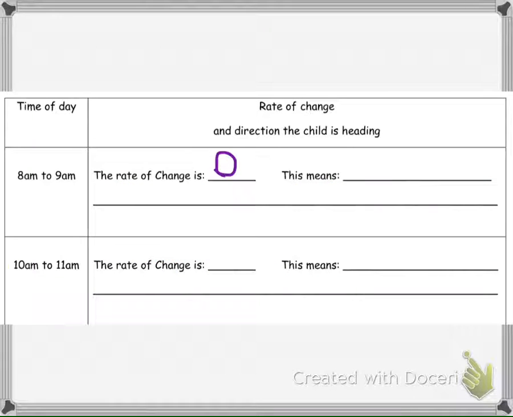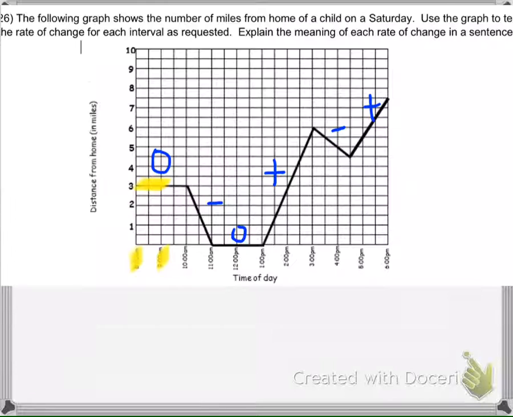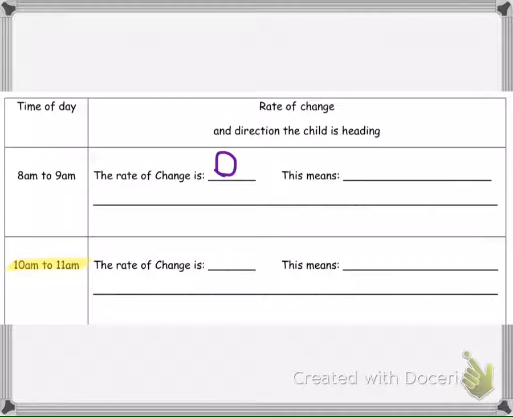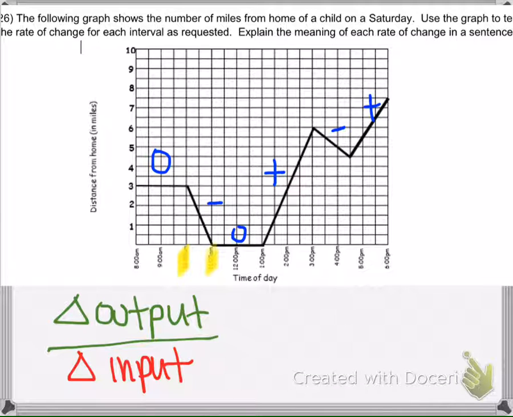Alright, next we have 10 a.m. to 11 a.m. So from 10 a.m. right here to 11 a.m., it's going downwards, so negative. And then we have to find the change in the output to the change in the input. Our output is here.